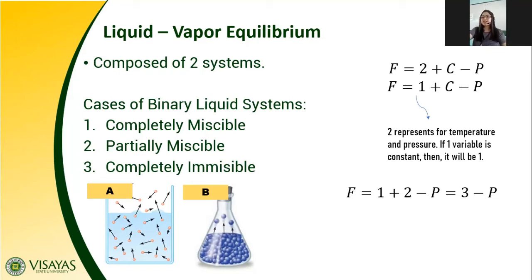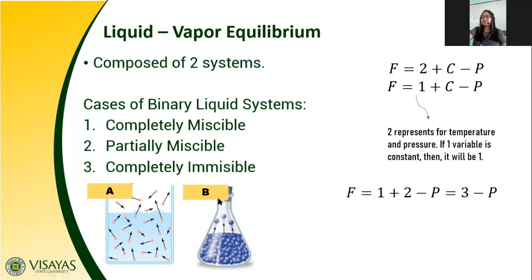Same with component B. These component liquids have their own partial pressures. It depends on their volatility characteristics or their polarities. So it matters.